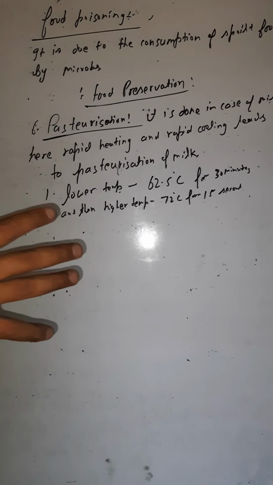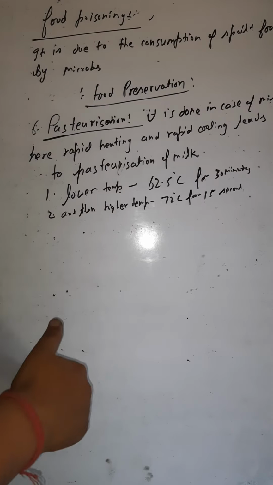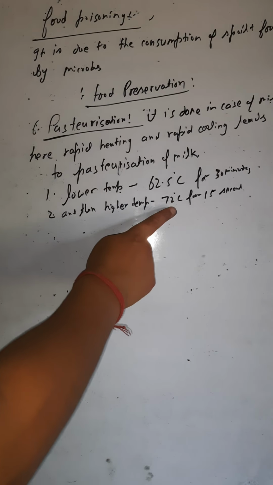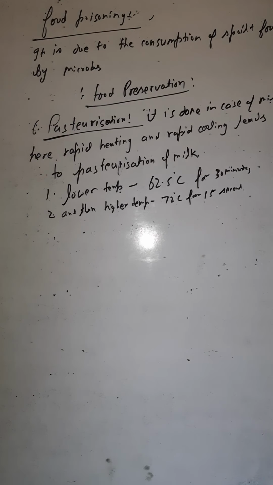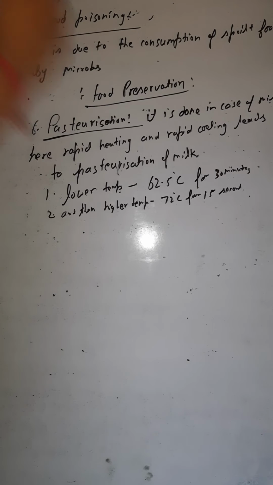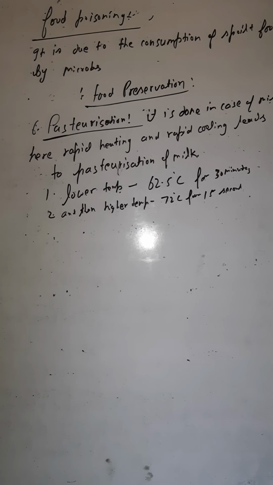You keep the milk at the lower temperature for a long duration, then suddenly raise the temperature to 72 degrees Celsius for a short duration, and this leads to the pasteurization. This is especially done in the case of milk.